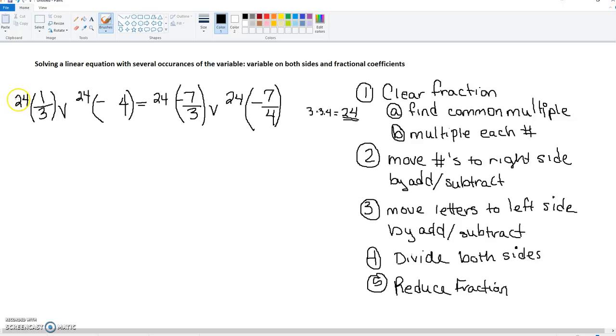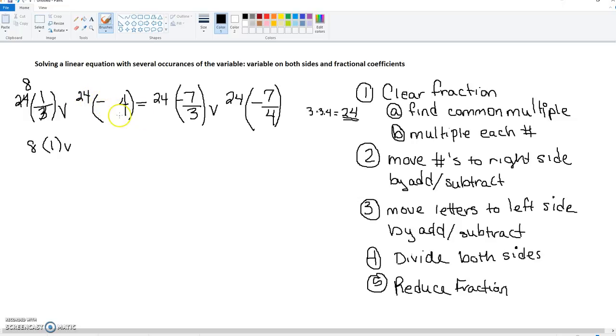So 24 can be divided by 3, and that gives us 8. So I'm going to write 8 times 1v right there, because that's what we have left over.